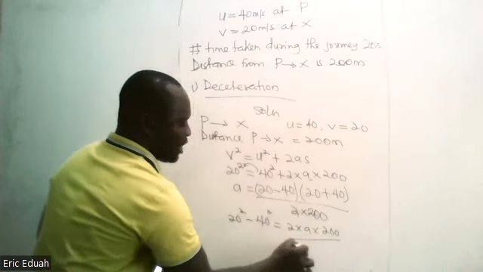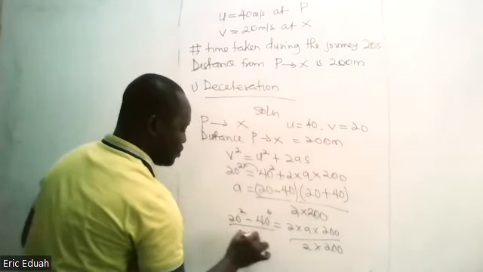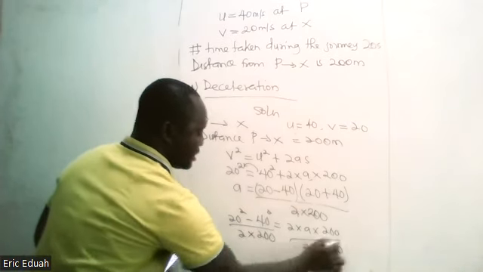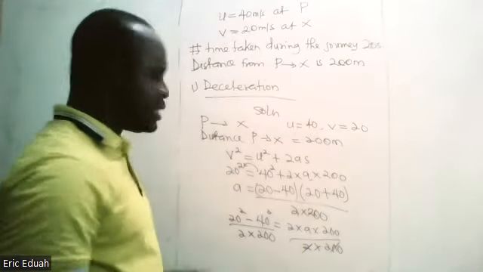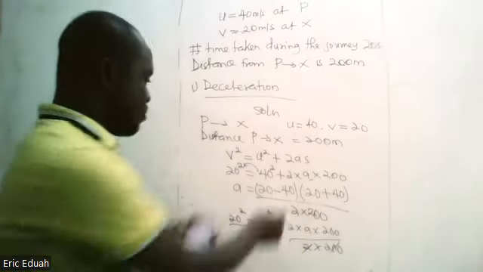So when you divide through by 2 times 200 on both sides of the equation, you have this. 20 squared minus 40 squared, a difference of two squares, is the same as what I've done.